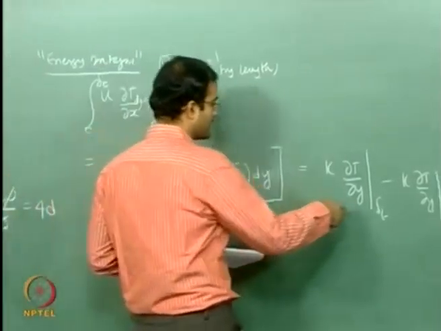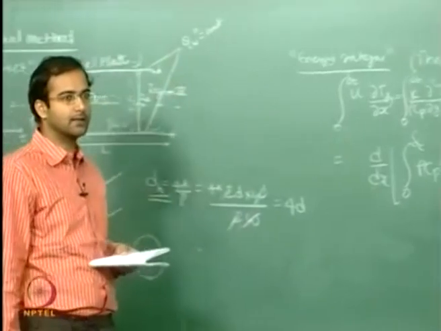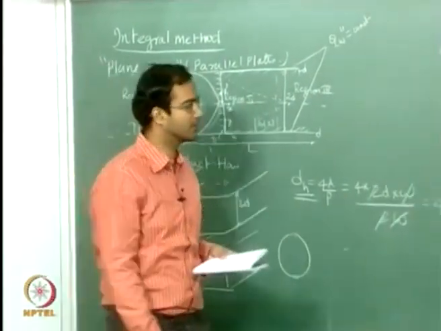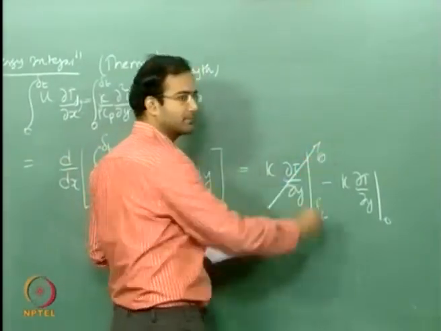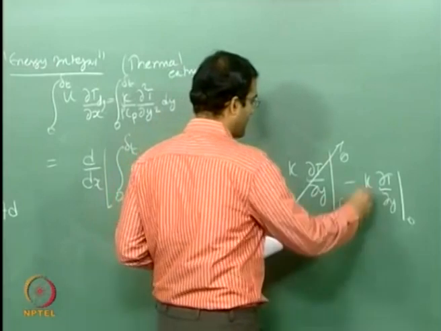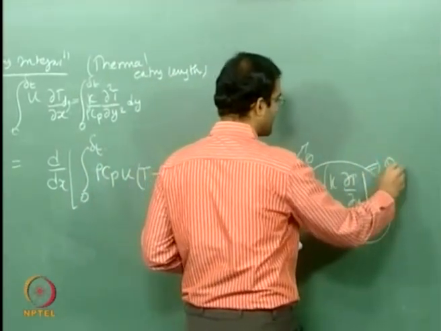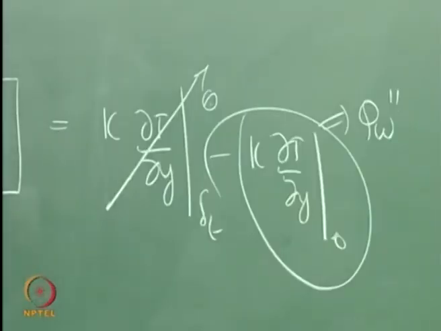So what is the value of k dT by dy at delta t? It is 0, okay, that is a boundary layer condition. And minus k dT by dy at the wall is nothing but your given heat flux, which is a constant.